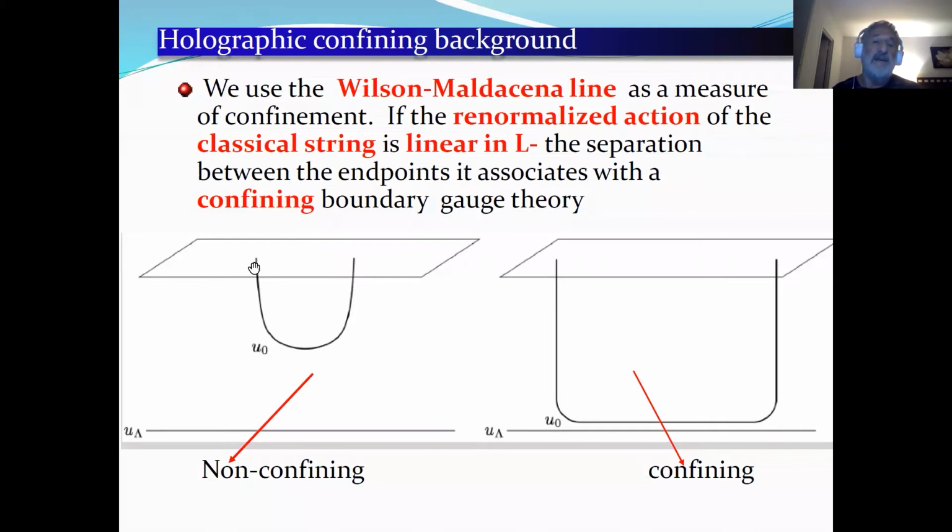Whereas like in AdS5, where that is not the case, the profile is not linear with L, it behaves essentially like 1 over L, then the theory is not confining.